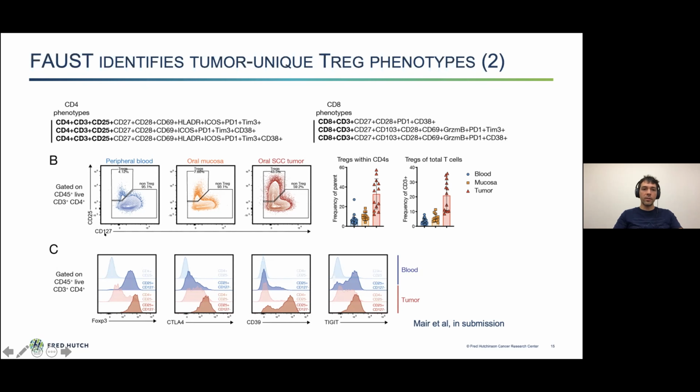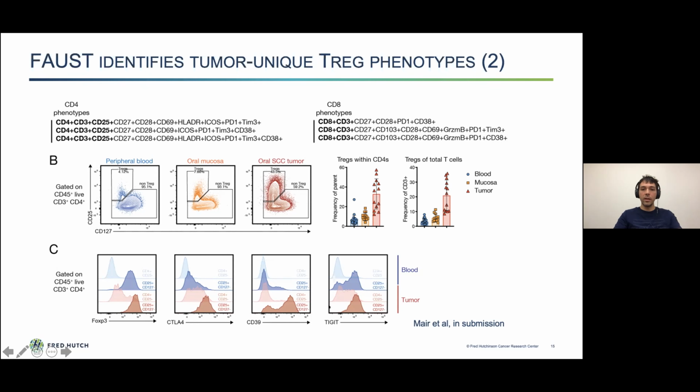And to make sure that CD25 and CD127 is a valid way of gating on TREGs in that particular experimental setup, we co-stained in a different panel for FOXP3, CTLA4, CD39, and TIGIT, FOXP3 being the lineage-marking transcription factor for TREGs, and CTLA4 being the key immunoinhibitory molecule expressed by TREGs.